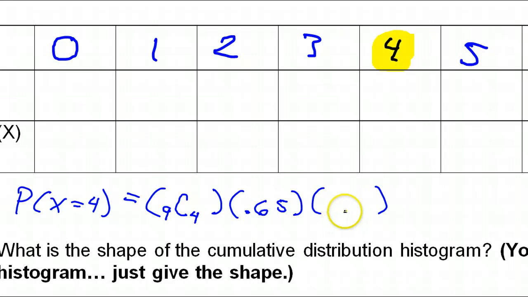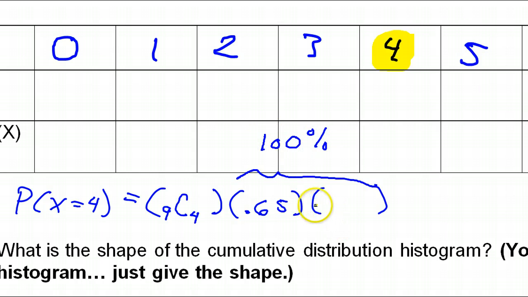Now let's write down our probability of failure. In my mind, I think about the fact that the probability of either success or failure has got to be 100%. Either you're going to succeed or fail, so these two together have to be 100%. I could think of it as 100 minus 65, or 1 minus 0.65.